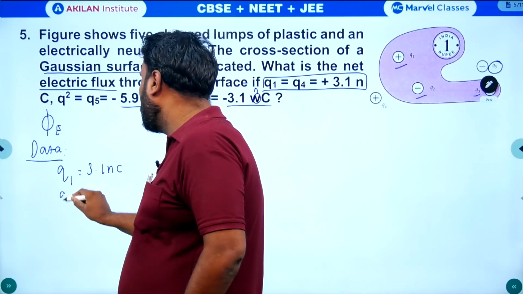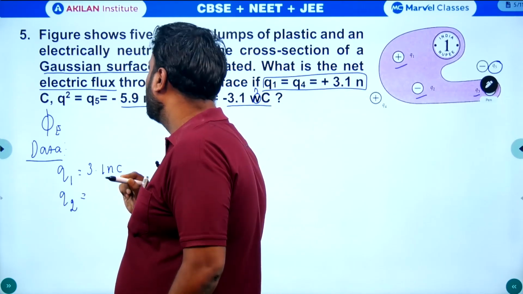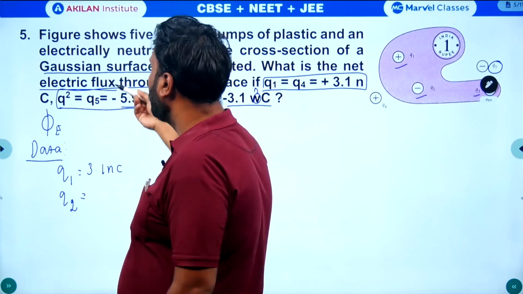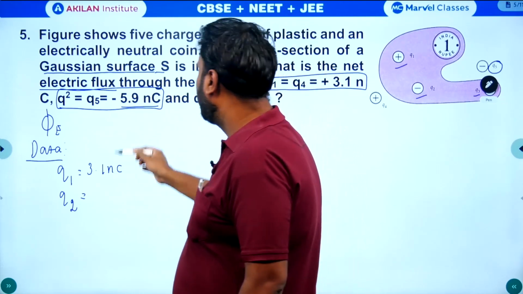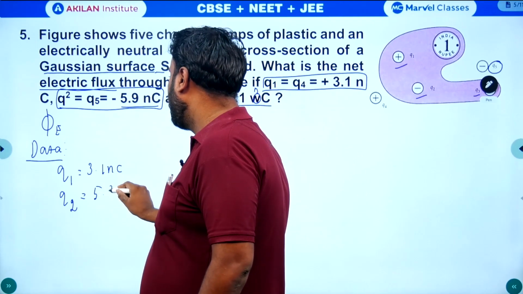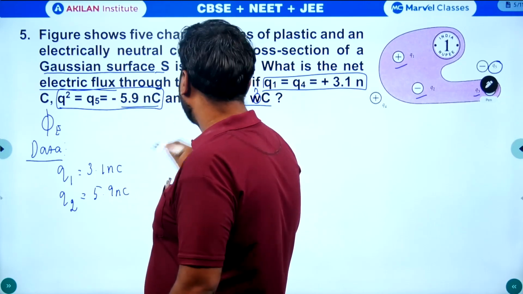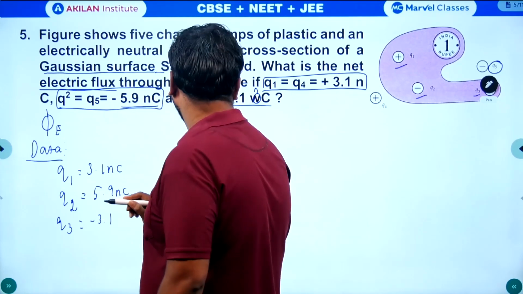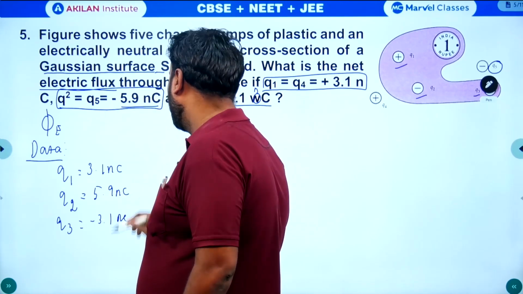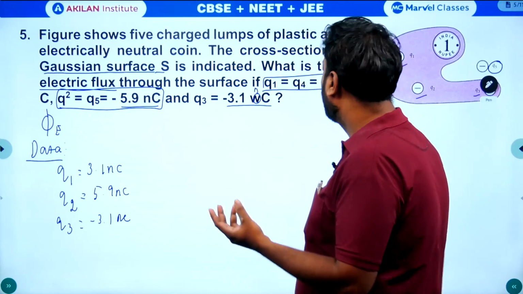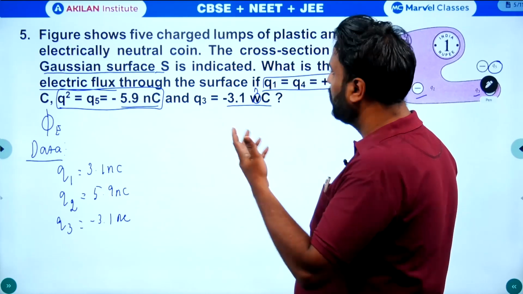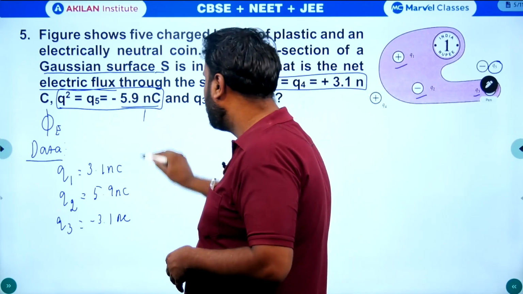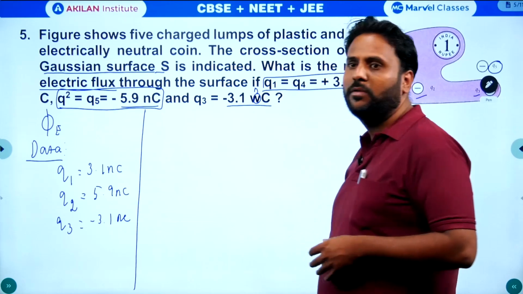The second charge Q2 and Q5 are both the same: 5.9 nano coulomb. Q3 they have given as minus 3.1 nano coulomb. So Q1 equal to Q4 I am taking as Q1, and Q2 equal to Q5 I am taking as Q2. So we have 3 charges here, Q1, Q2, Q3.